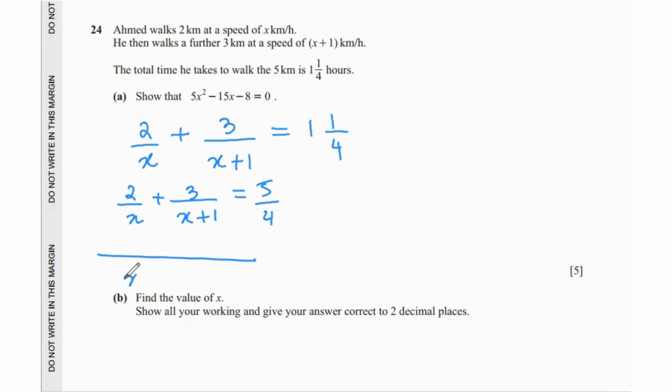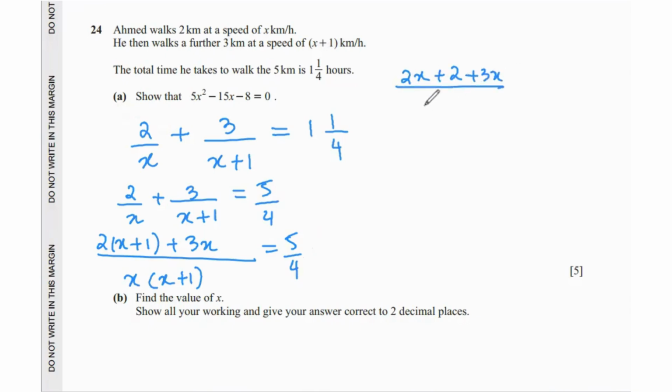Combine the denominators over here, so x times x plus 1. 2 gets multiplied with x plus 1 and 3 gets multiplied with x. Expand the bracket: 2x plus 2 plus 3x over x times x plus 1 equals 5 over 4.